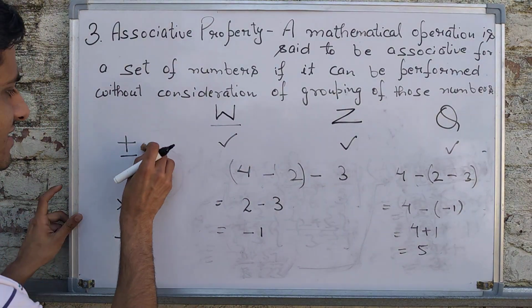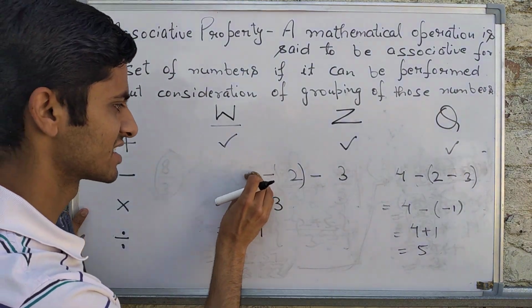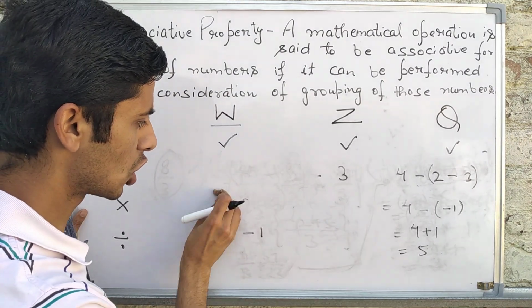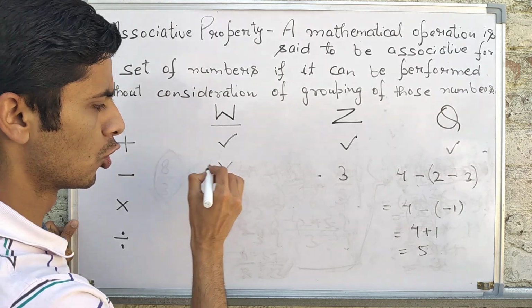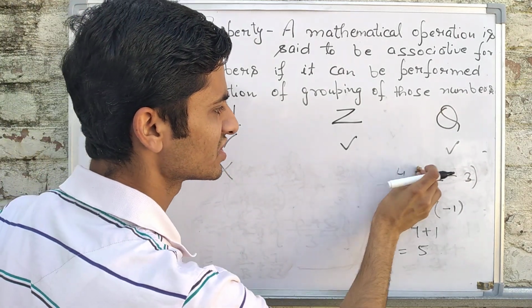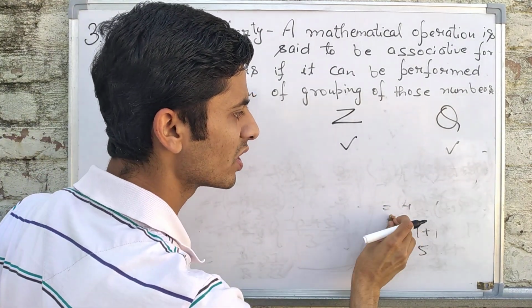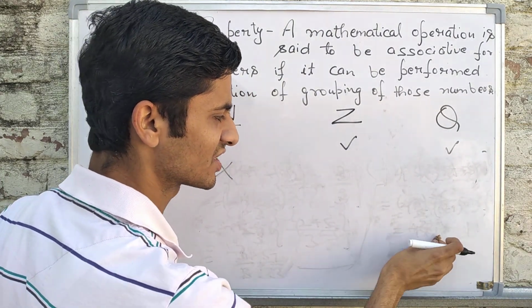So we can say that subtraction is not associative for whole numbers. Similarly, you can check for integers as well and rational numbers as well.